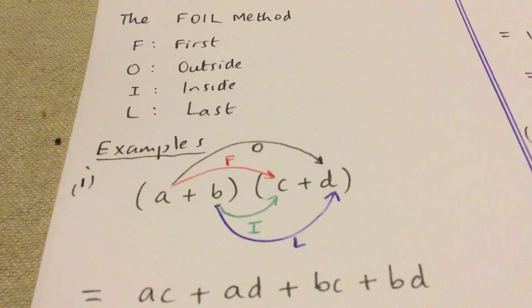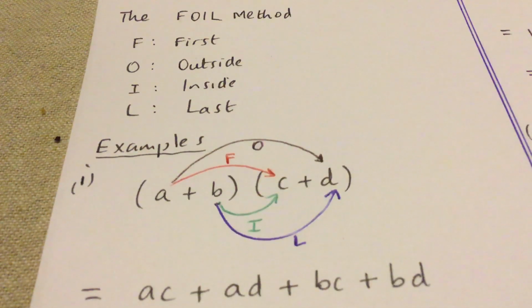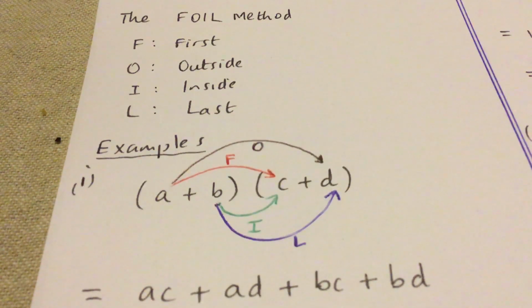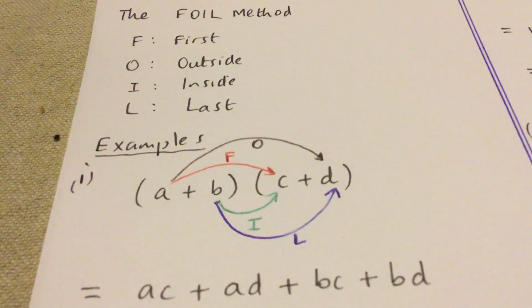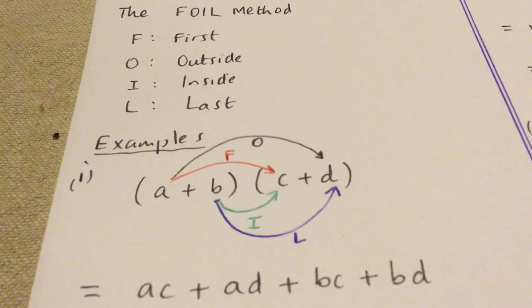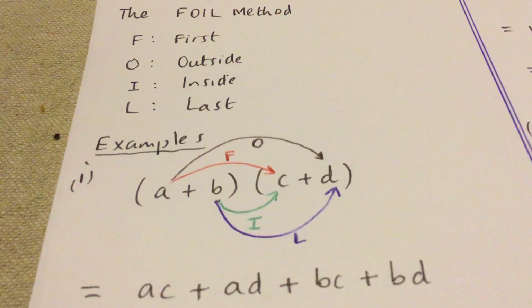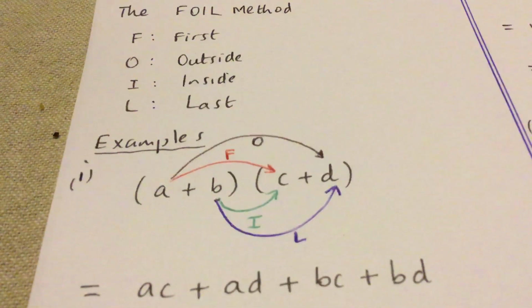And the O, which is represented by the black arrow, is the outside. So the first in the first bracket multiplied by the last in the second bracket. So A times D, that's the outside, which gives you AD.